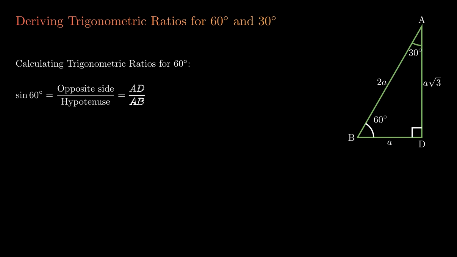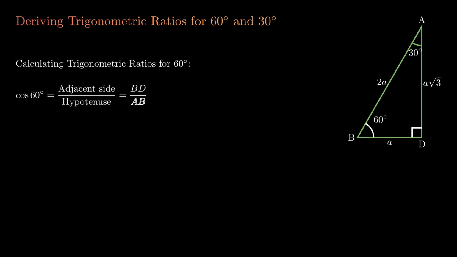So sine of 60 degree is again, I'm using the definition opposite side by hypotenuse. AD divided by AB. We computed AD to be A times square root of 3 and we knew AB as 2A. So with simplification, we'll get sine of 60 degree equals square root of 3 divided by 2. Clear?